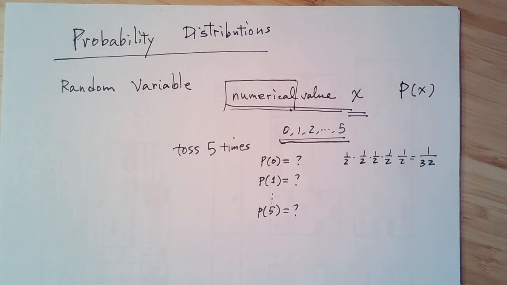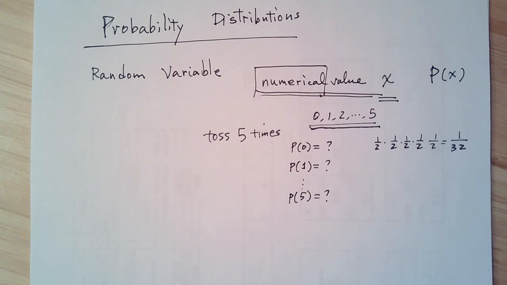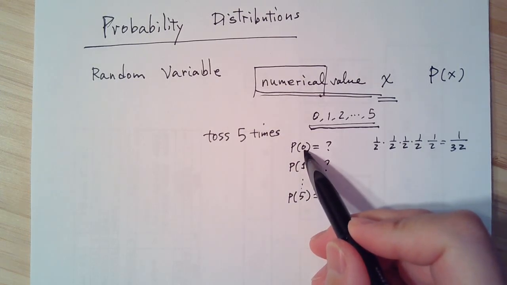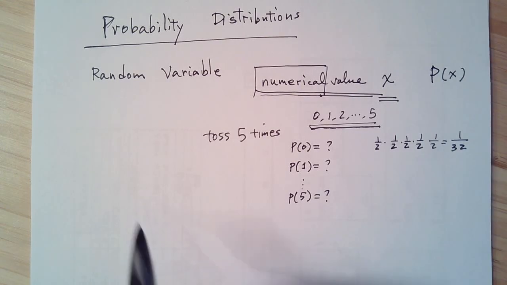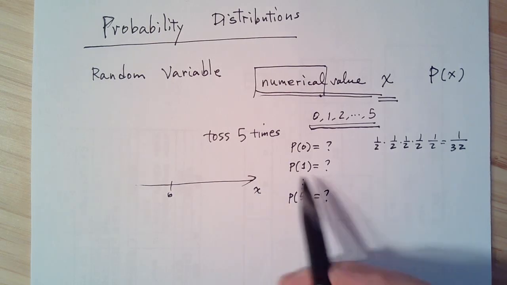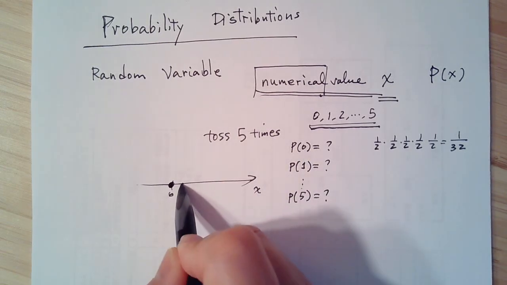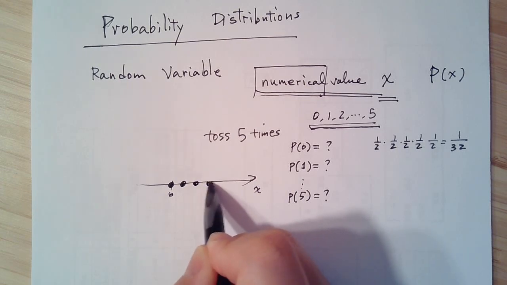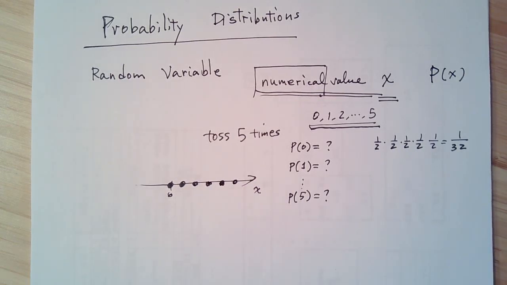All right, so that's a general idea of it. And for these values 0, 1, 2, 3, 4, 5, did you notice that if you plot them on the number line, the x-axis, you get 6 points on the number line?